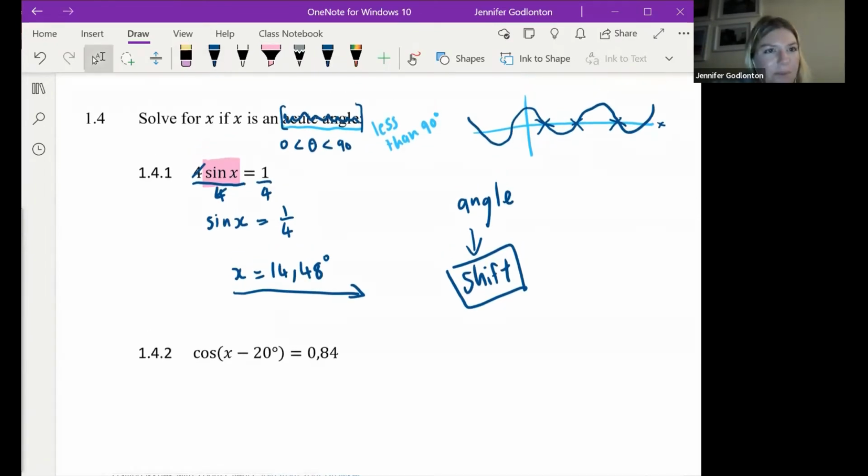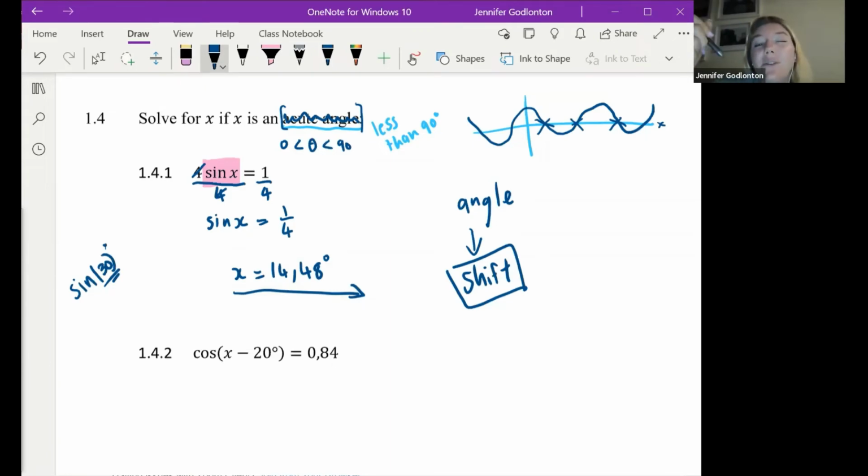Emmanuel, can I help? Ma'am, I wanted to know, why do we have to press shift sine instead of just pressing sine? So when we're just dealing with sine, we're dealing with the sine of an angle. Like if I just write sine 30, that is saying sine of 30 degrees.